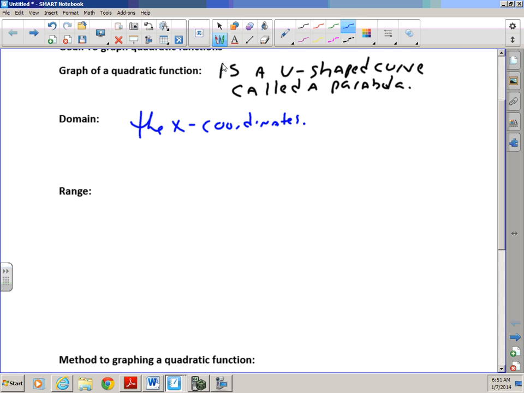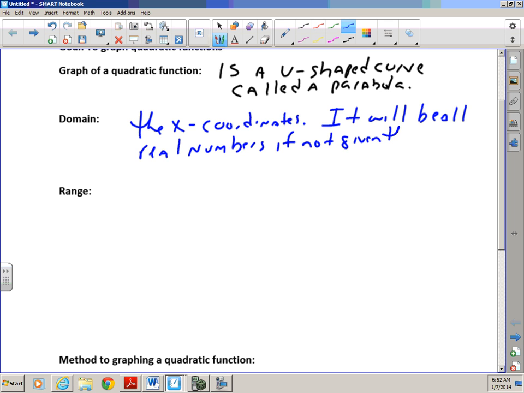If you are not given the domain, as you might remember from our exponential functions, sometimes you were given the domain, sometimes you were not, it will be all real numbers.